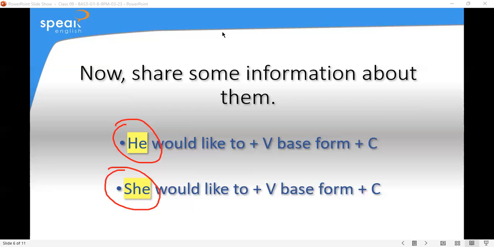Excellent. Very good. Oli, can you give me an example? Elena would like to drink tea. Okay, nice. Let's continue. Danny, can you give me an example? Jose, would you like to play video games at night? Okay, good. David Hernandez?